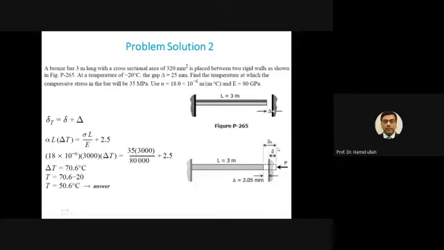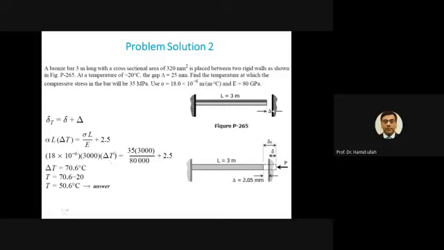From this geometry and configuration, this thermal elongation equals this elongation plus this, and by formula thermal elongation equals this much, and then the stress. This is the clearance which is given. So there is one equation and one unknown, and that unknown is the change in temperature.